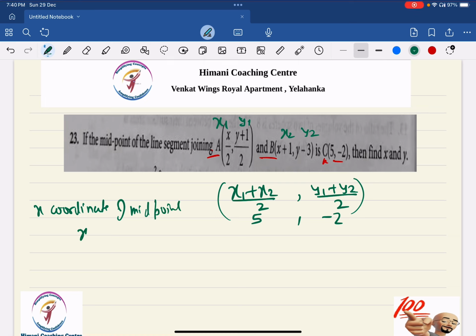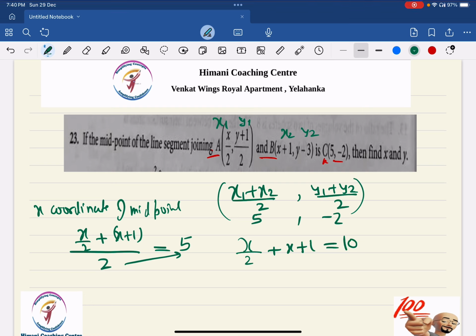We will do (x/2 + x + 1), and this whole is divided by 2, and that is equal to 5. Can you see? This is 5. So this will become x/2 + x + 1 = 10.